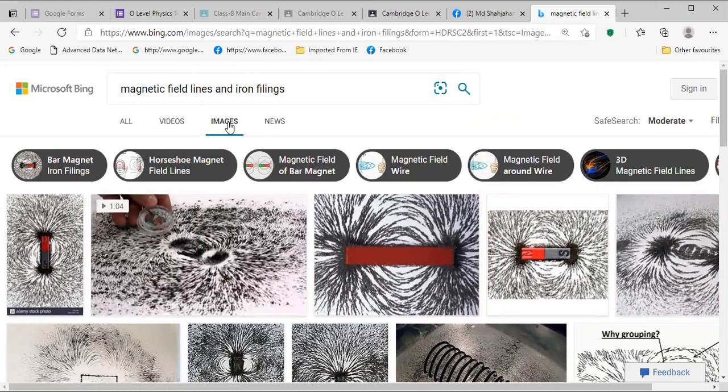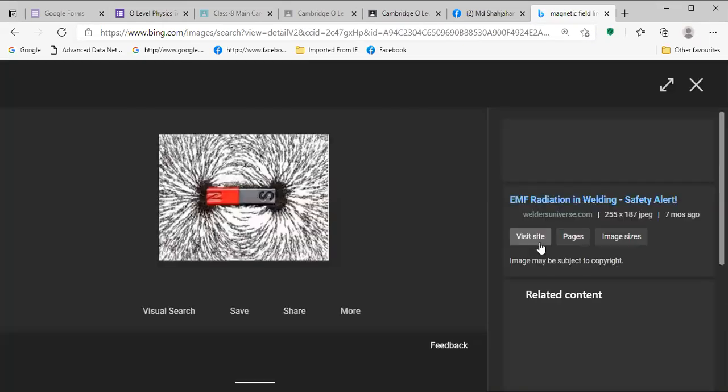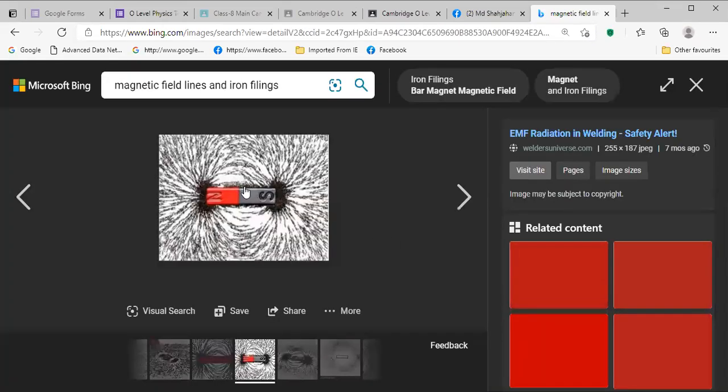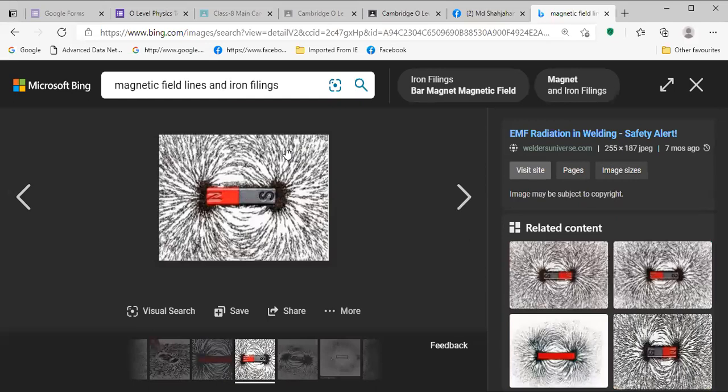If you take some iron filings and spread them on a white paper, you keep one magnetic bar, that is called a bar magnet, over there.